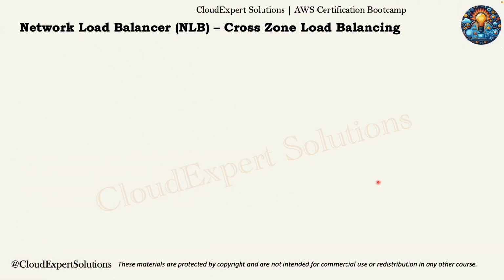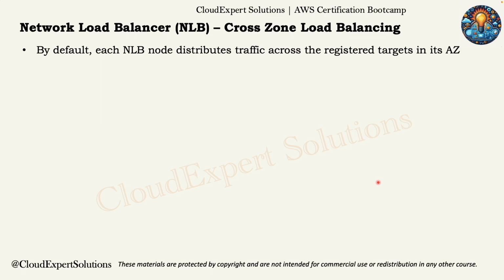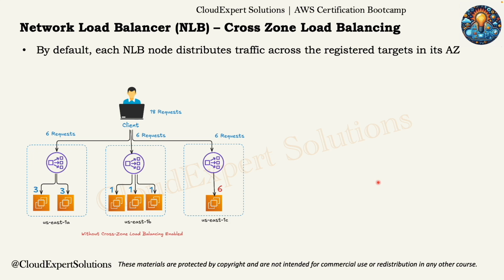Now let's review cross-zone load balancing. By default, each network load balancer node distributes traffic across the registered targets in its availability zone only. Now, if you have zone imbalance, which is shown in our example, that means you do not have an equal number of targets in every availability zone, then some backend targets can be idle while others can be intensively working.